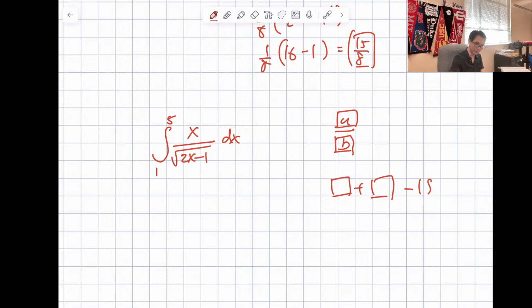The answer is A over B, and A plus B is equal to 19. So it could be 19 over 1, or 18 over 1, 17 over 2, 16 over 3, 15 over 4.